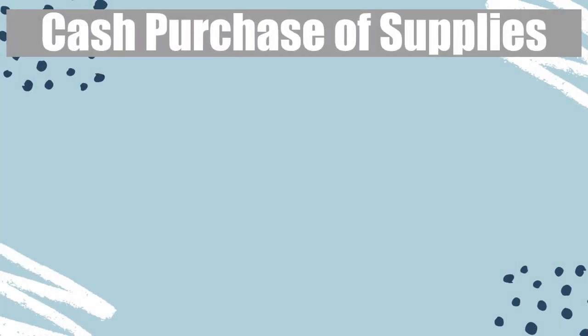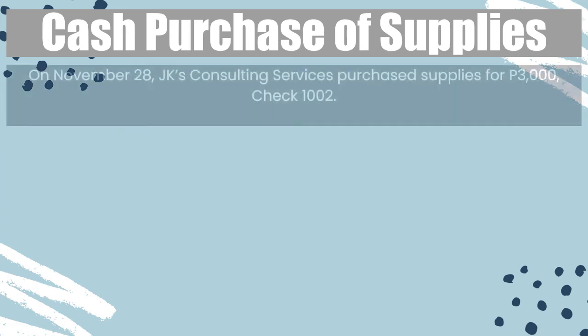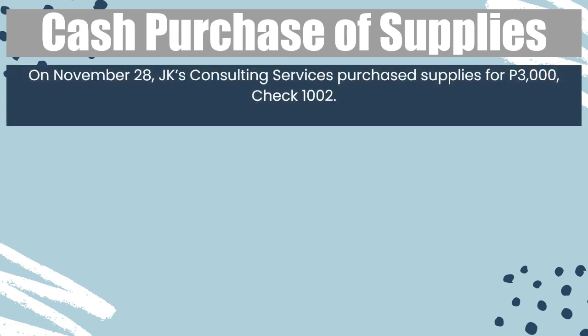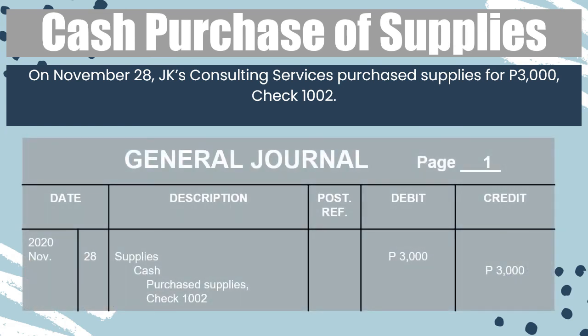Cash purchase of supplies. So, on November 28, JK's Consulting Services purchased supplies for 3,000. Check 1002. So, here, we've purchased supplies. So, pumasok sa atin ay supplies on cash kasi nag-issue tayo ng check na 1002 amounting to 3,000 pesos. So, it is increase in asset and decrease in asset.